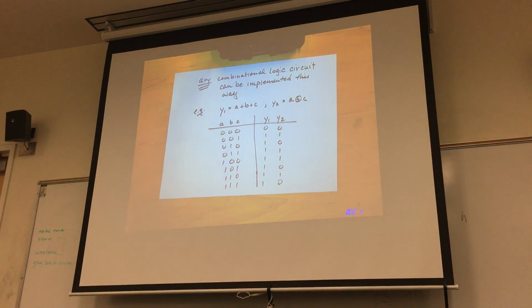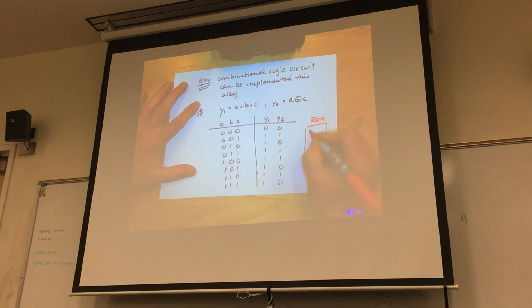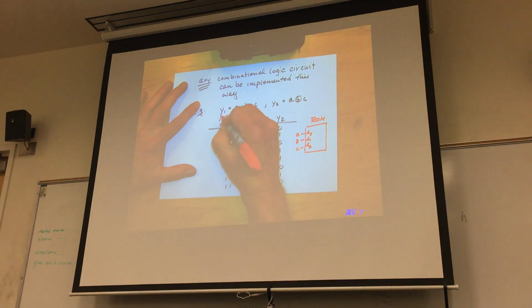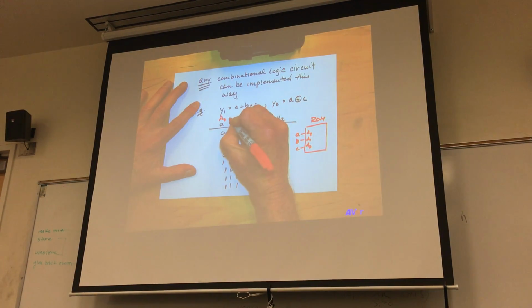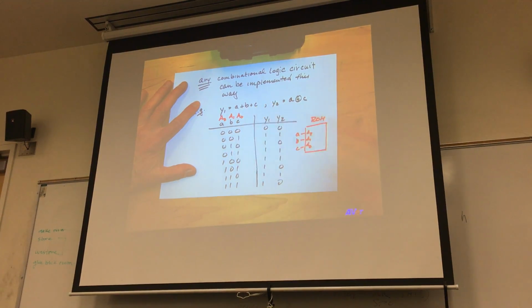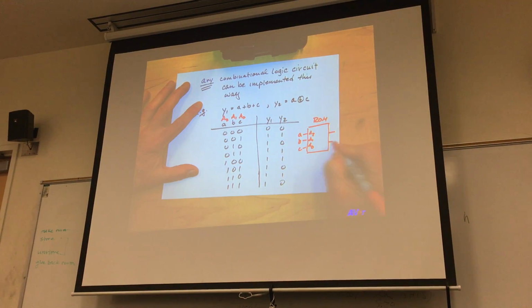So what I could do is have a ROM. So this will go into address A2, address input A1, address input A0, and I'll have two outputs.